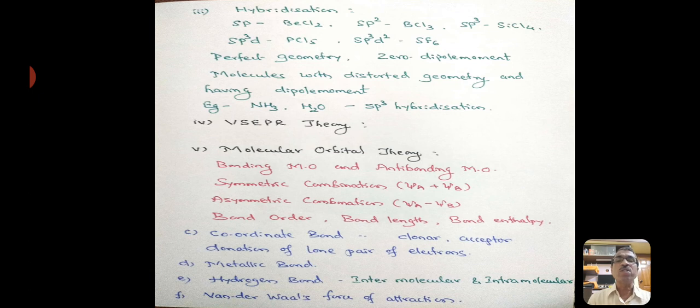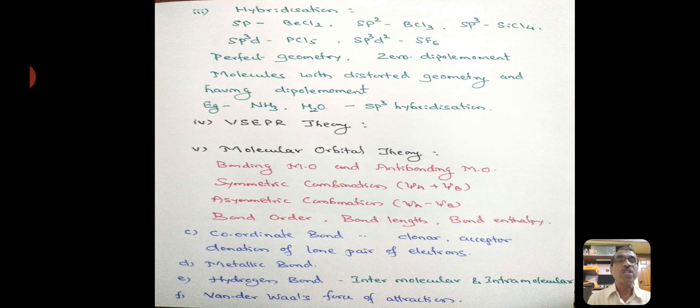In this theory, the valence shells have lone pairs of electrons, and these electrons are shared to form molecules. Here we have the repulsions like bond pair repulsion and lone pair repulsion.